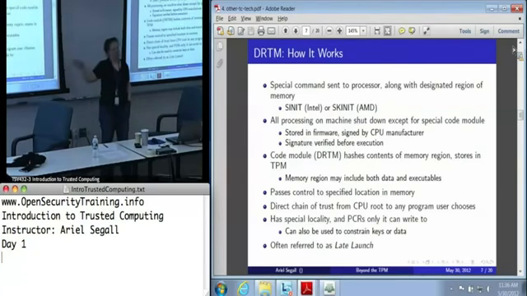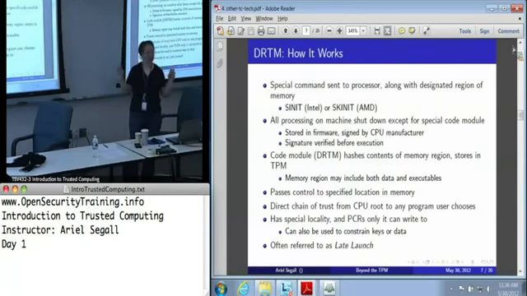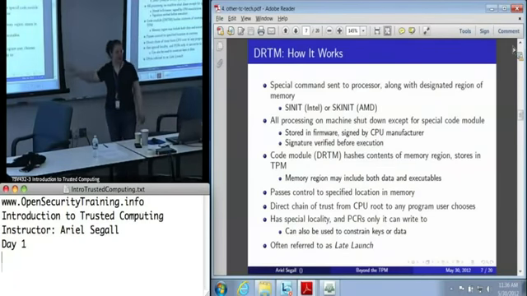I kind of hand-waved in passing earlier this idea of locality as permissions for the TPM. This is the one time that locality really matters. There are technically 5 localities on the TPM, 4 through 0. And locality 4 is only the DRTM. There is a PCR that is only writable by locality 4.